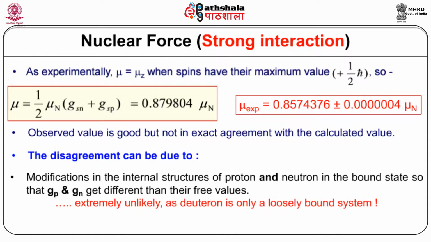So here also we would like to find the magnetic dipole moment, which is equal to mu z when the spins have their maximum value, that is ms is equal to I, and that is equal to plus h bar by 2, which is the maximum value of spin.